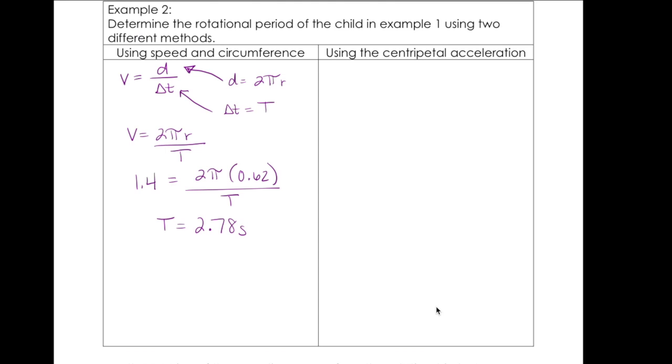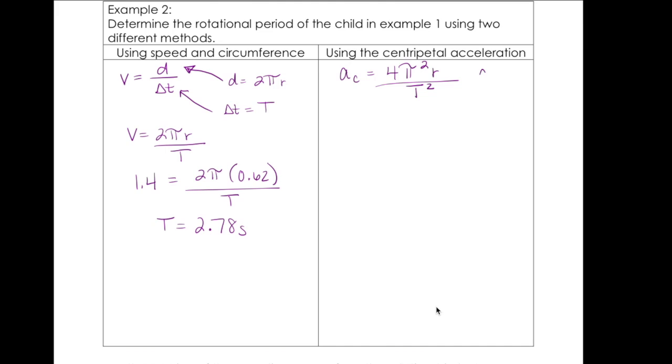All right, for using the centripetal acceleration formula that we just calculated, we have AC equals 4 pi squared R divided by period squared. Okay, and then in the previous example, example 1, we found AC.